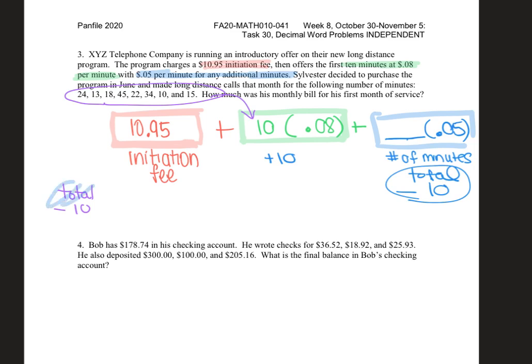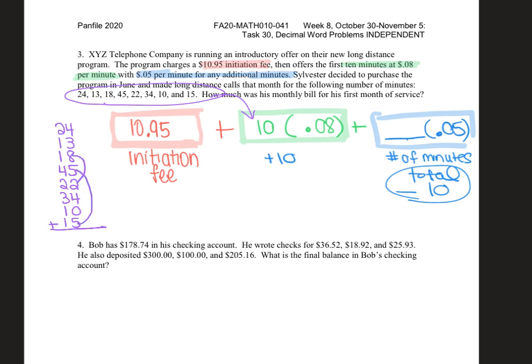Okay, so trying to erase that. Now we're going to add all these minutes. So I want to do it vertically. I just want to get out of my own way. 24, 13, 18, 45, 22, 34, 10, 15. Okay, so I'm looking for groups of 10.